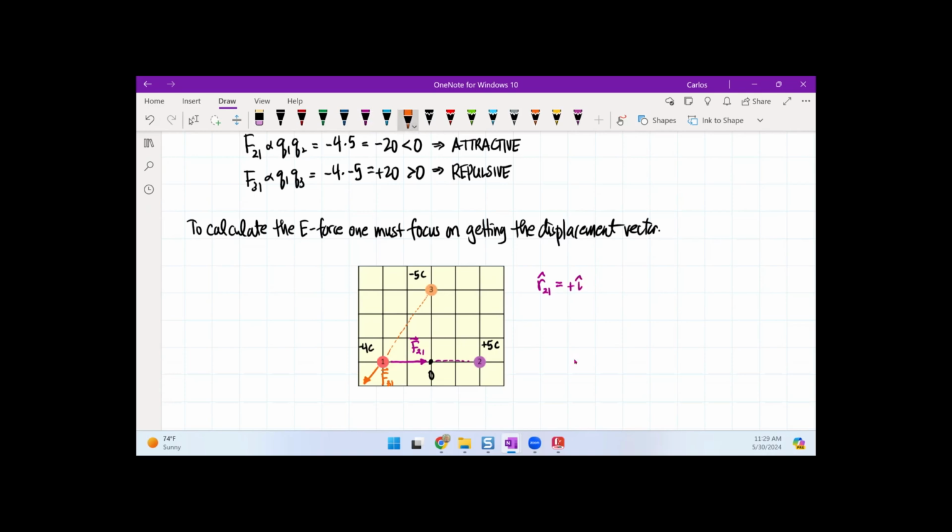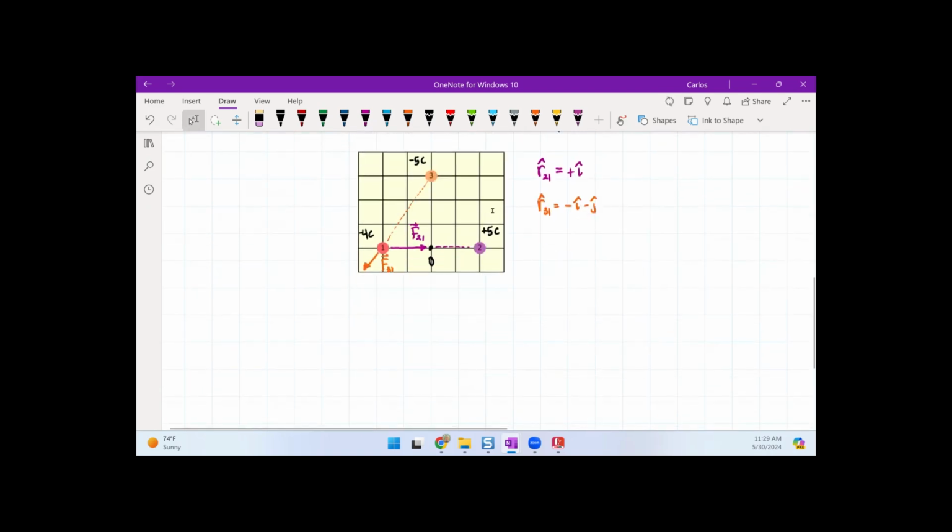On the other hand, the unit vector r31 has to have a component in both the negative x and negative y direction. So now let's go calculate these quantities.